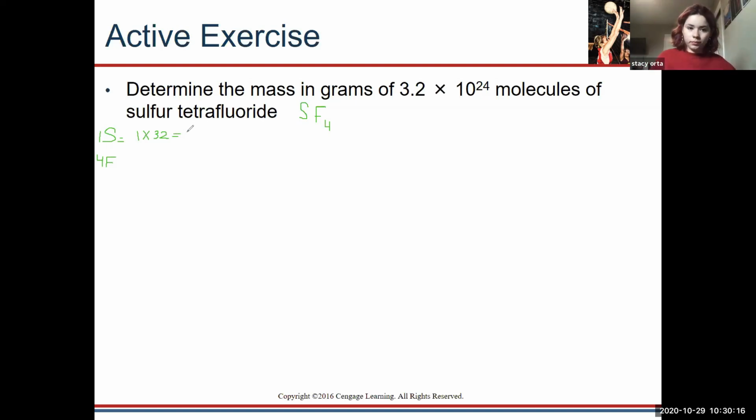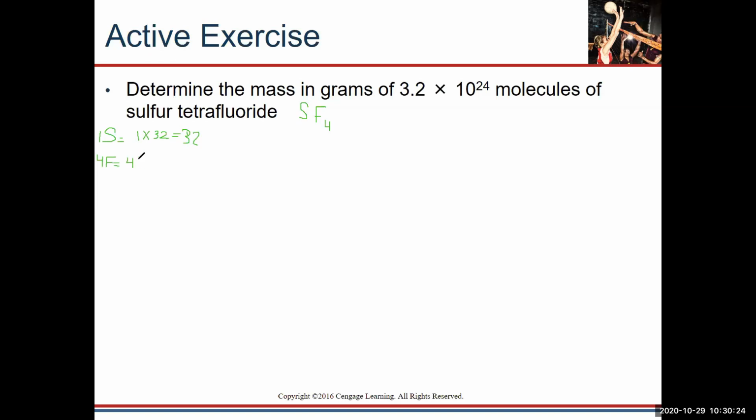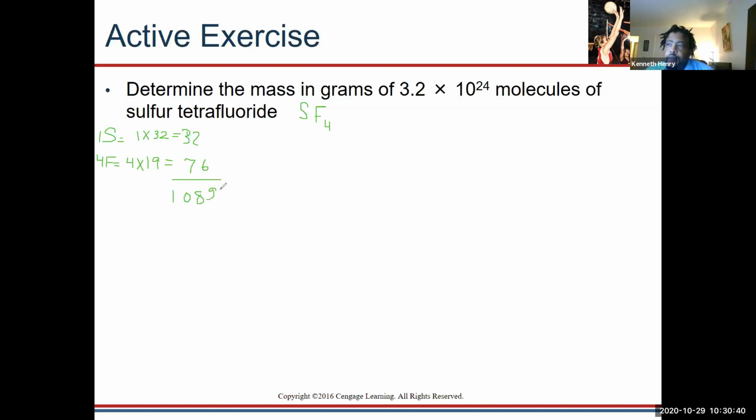I think we can round, so 32. And F? 19. So 108 grams per mole.